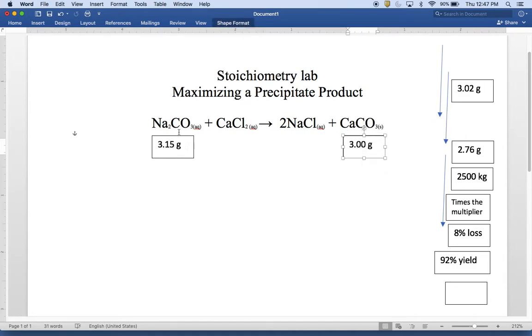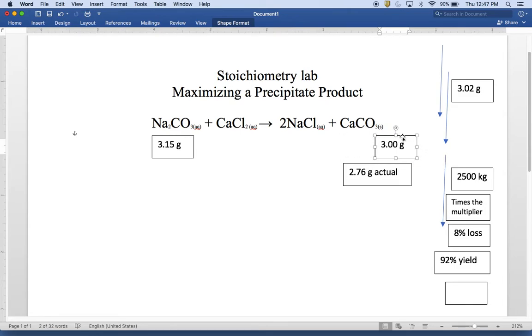So the math tells you that if you start with this much, you're going to end up with this much product. And then let's say you, the next day, weighed it and found that this was your actual. Okay, so this is your actual, and this is the expected mass.